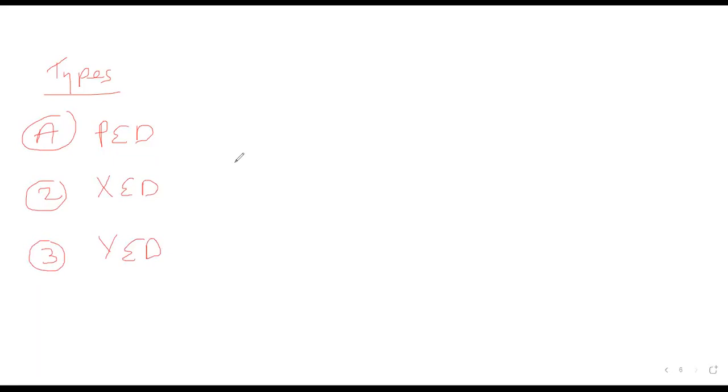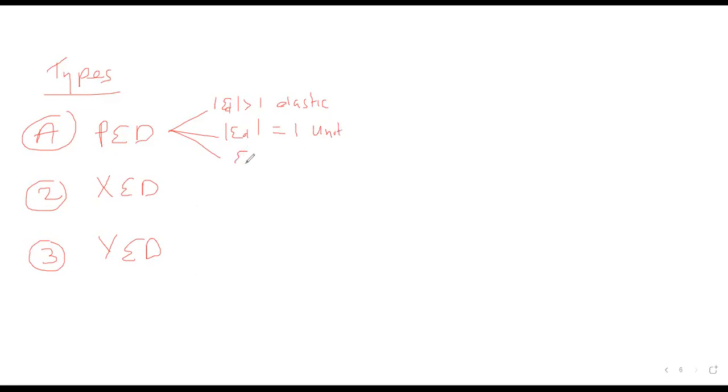There are just 2 principles you need to know from each of them. This one here, you just need to know the ranges of elasticity. When elasticity is greater than 1, this is what? Elastic. Elasticity is equal to 1, this is called unit elastic.